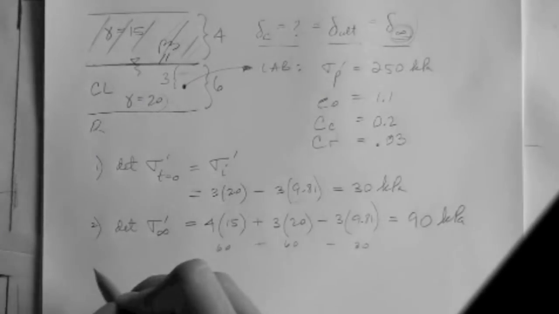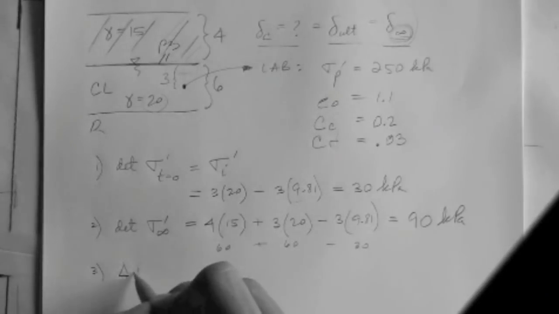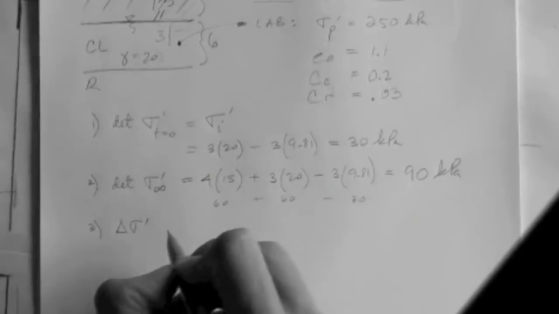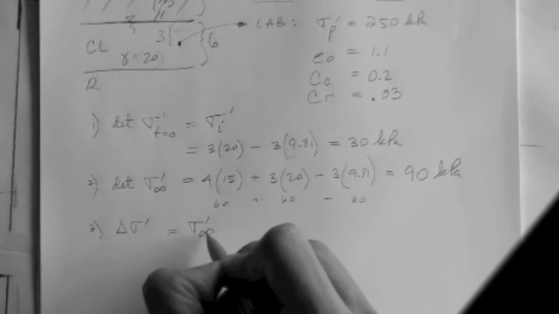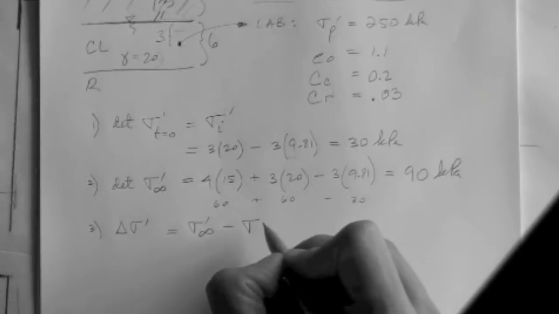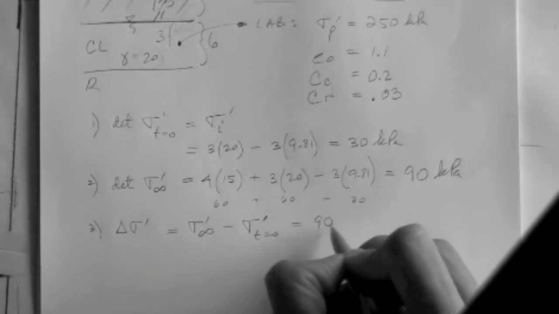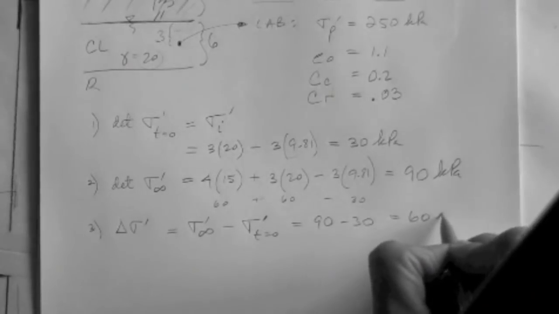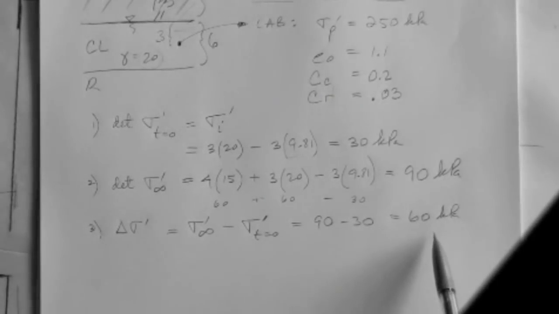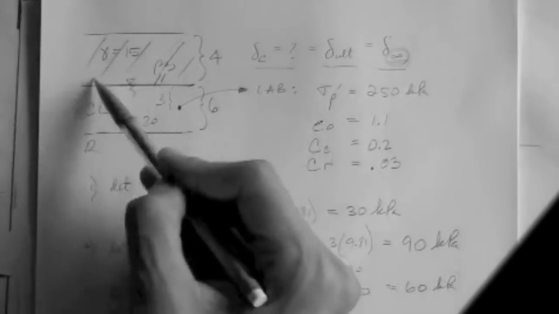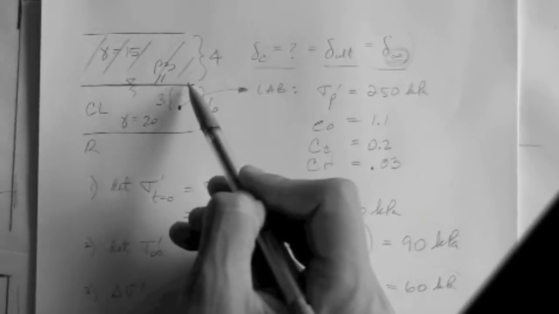So the load, delta sigma prime, is equal to sigma prime at the time in question minus sigma prime at time equals 0, which is 90 minus 30, which is 60 kPa. You can easily check this value, because the load is the whole fill, 4 times 15, that's 60 kPa.